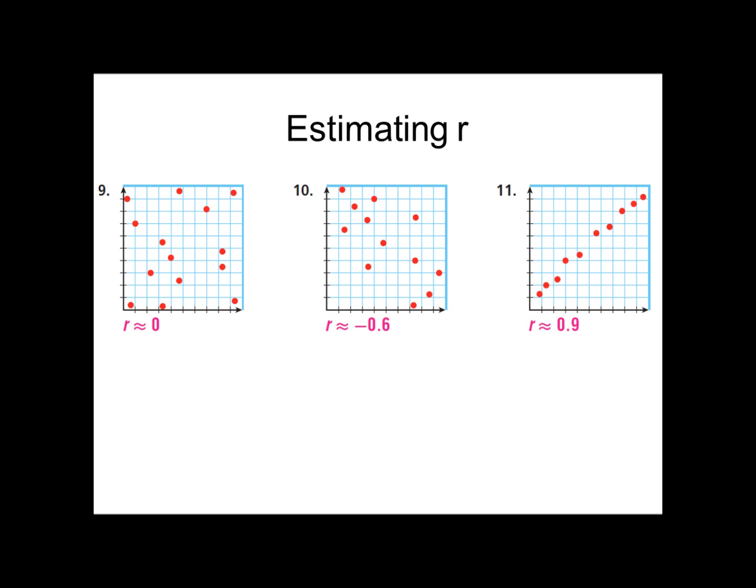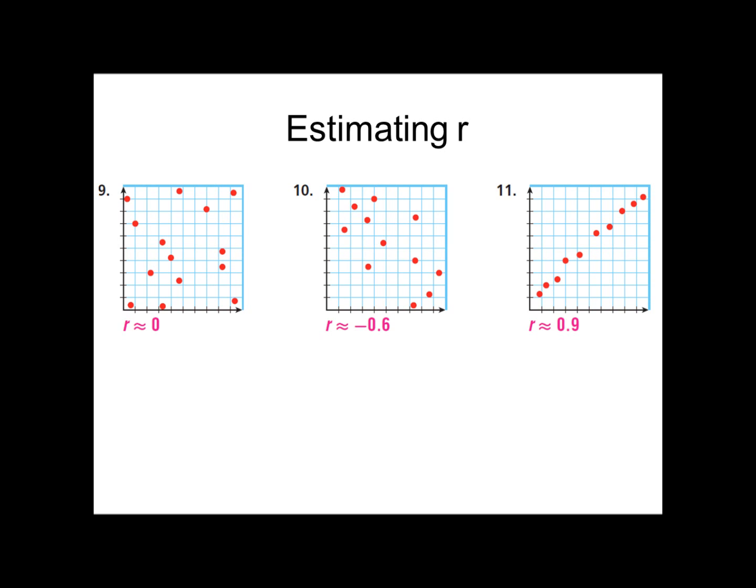Well, obviously the data in number 9 is really close to being random data, so I would estimate an R value of 0. Number 10, it has a negative correlation, but it's not very close to being a straight line. So let's guess something like negative 0.6. Number 11, very, very tight data, very close to being in a straight line.